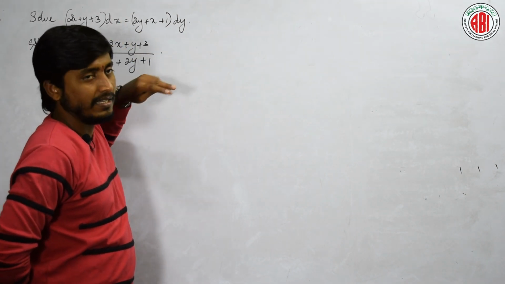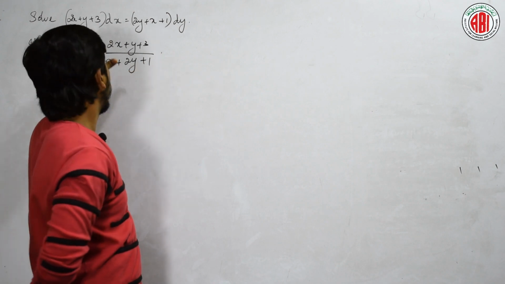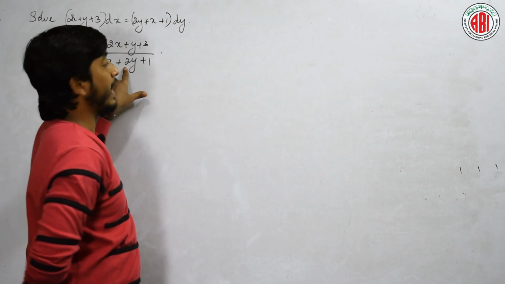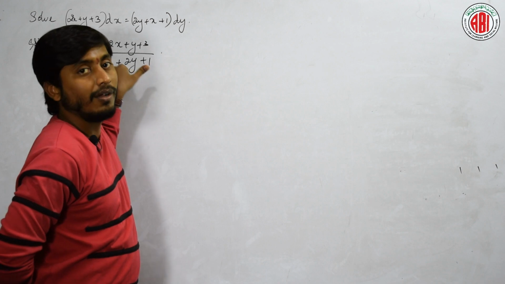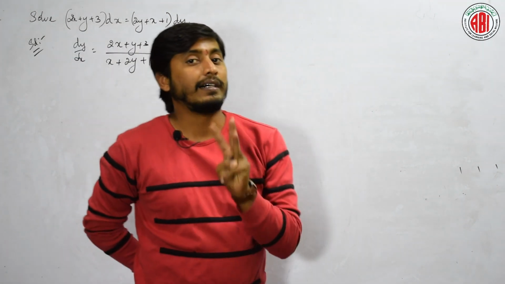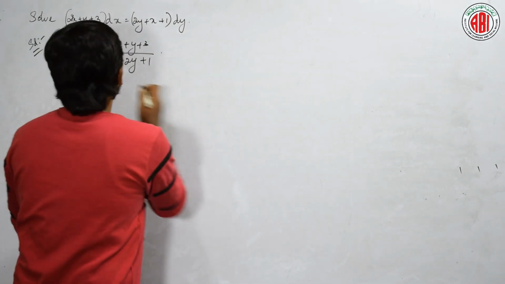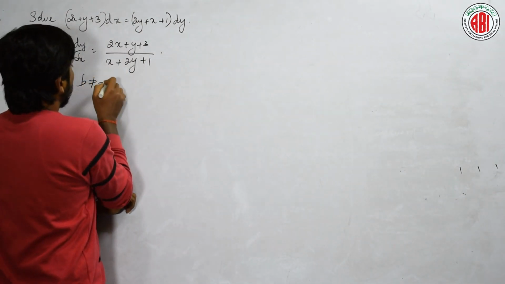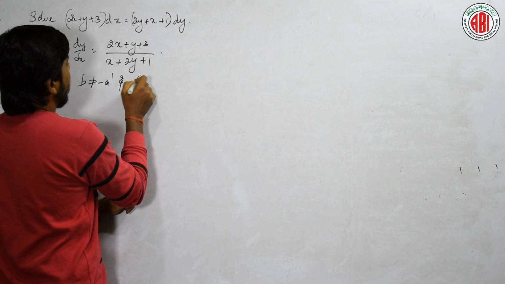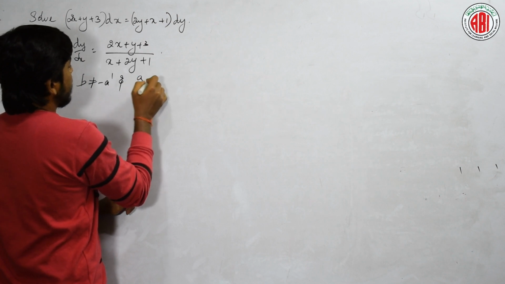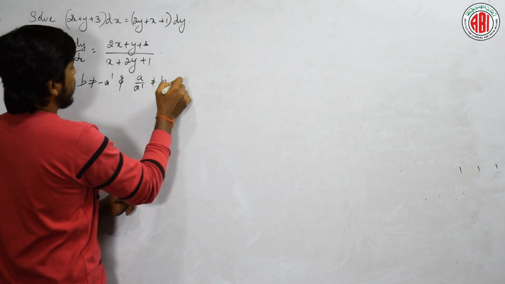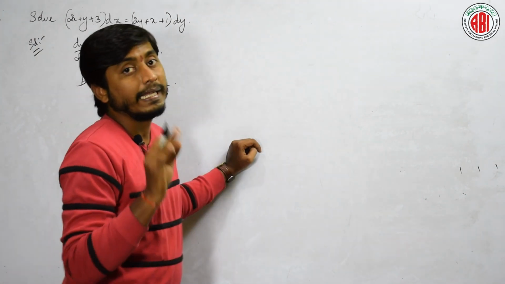So the first case is ruled out. What about the second one? 2 by 1, 1 by 2. Again it is not possible. So the leftover is our third case, since b is not equal to minus a dash and a by a dash is not equal to b by b dash. Then we have to go to our third case.